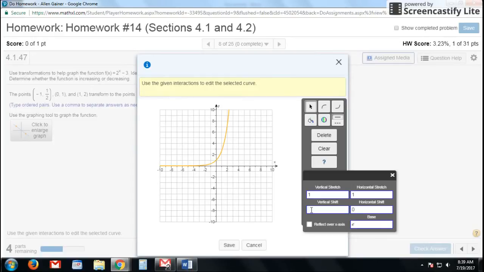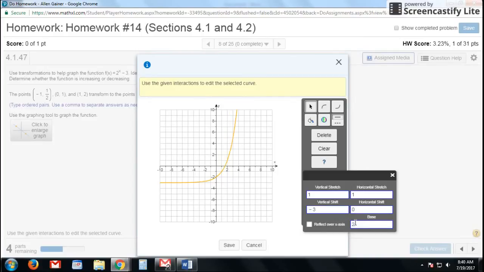So we'll put minus 3 in the vertical shift box to make this happen. Now, the other thing that needs to change, notice that our base is listed as e, but the base in the problem was actually 2. It was 2 to the x power. So I need to change this base also to being 2.